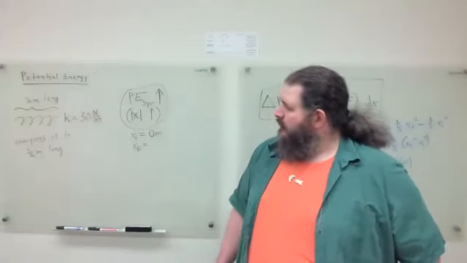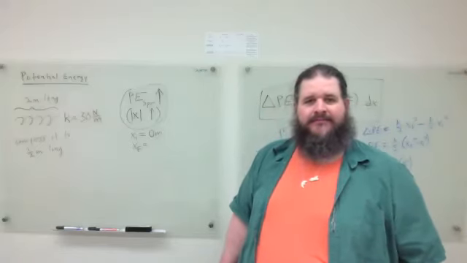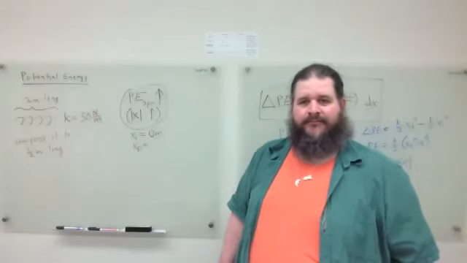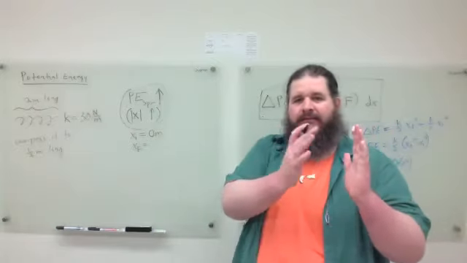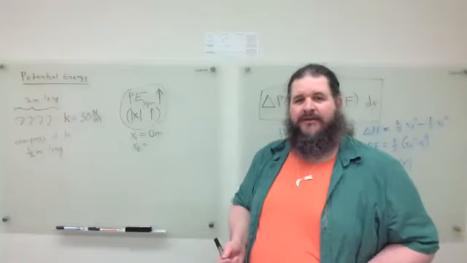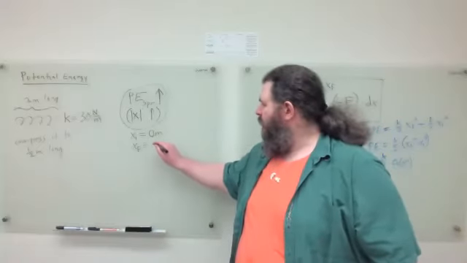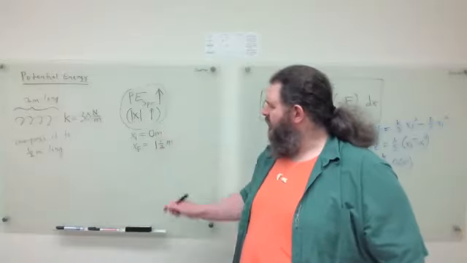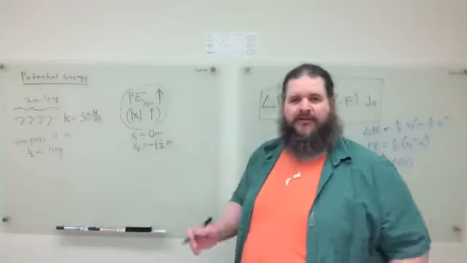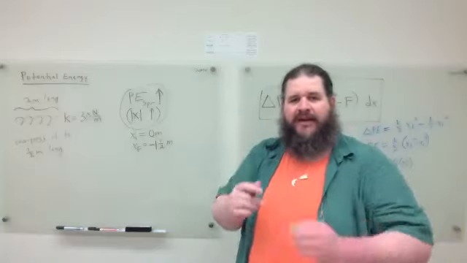Then at the end, how much have we compressed it? If we want the final length to be 0.5 meter, yeah, we compressed it 1.5 meters. So 1.5 meters. And technically, I think I would call that negative 1.5 meters, because by compressing it, we have shortened the length.